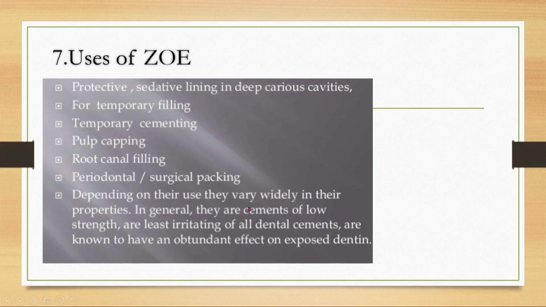Depending on their use, they vary widely in their properties. In general, they are cements of low strength and least irritating of all dental cements, and they are known to have obtundent effect on exposed dentine. So that was about zinc oxide eugenol.